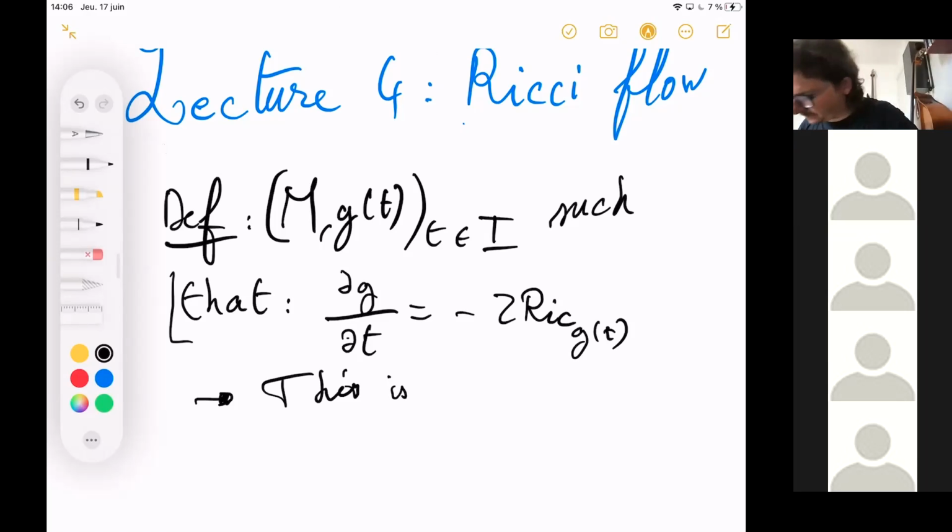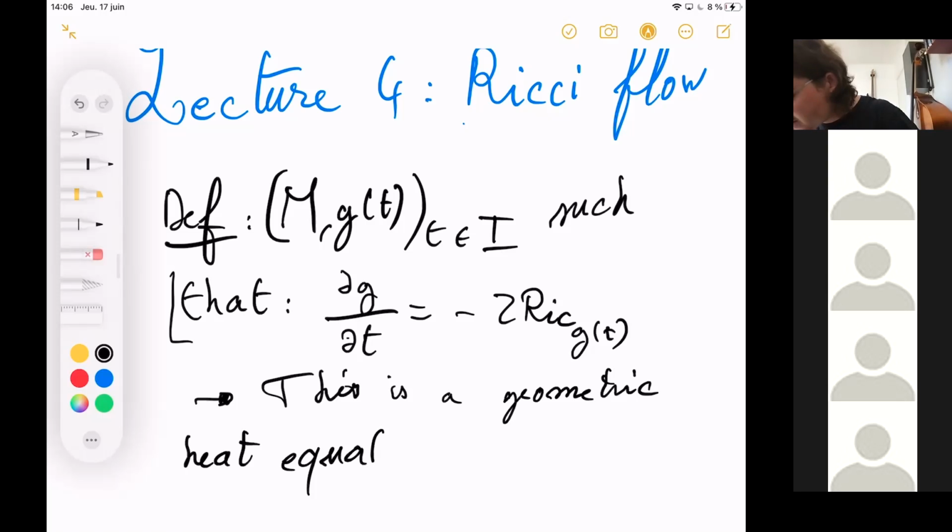Okay. So this is a kind of geometric heat equation for Riemannian metrics, because it's expressed in purely geometric terms.